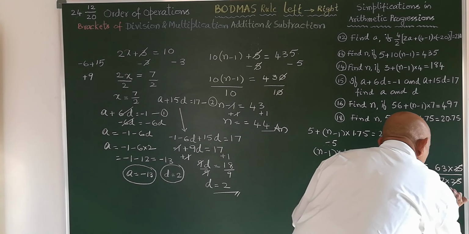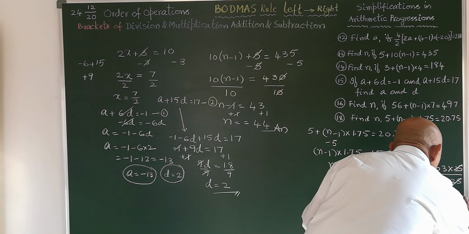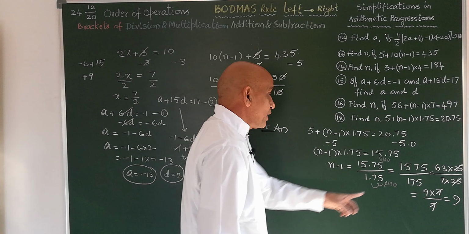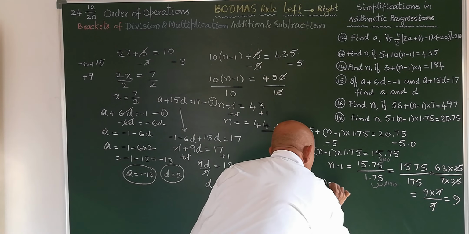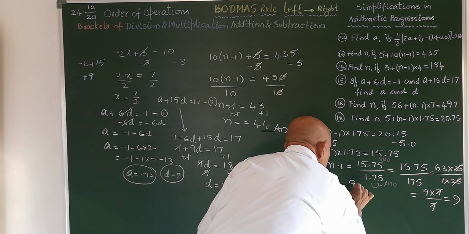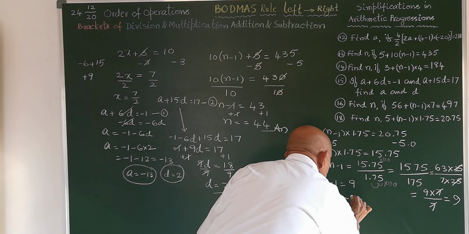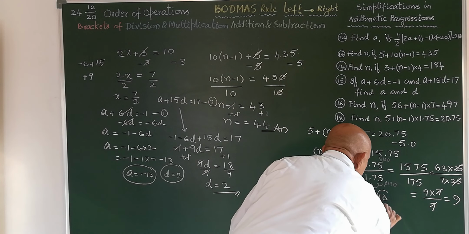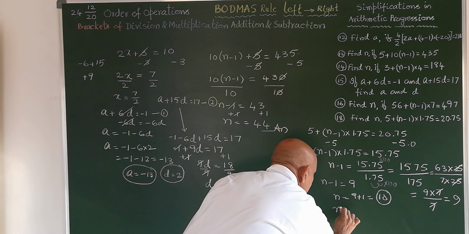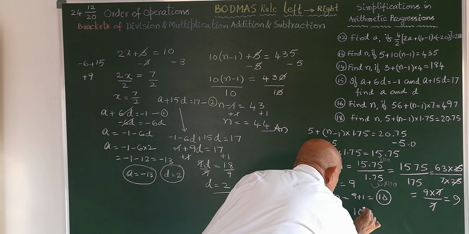So 7 gets cancelled, this becomes 9. So what is this value of 9? N minus 1. Therefore, n minus 1 is equal to 9 and n is equal to 9 plus 1, which is equal to 10. So the value of n is 10.